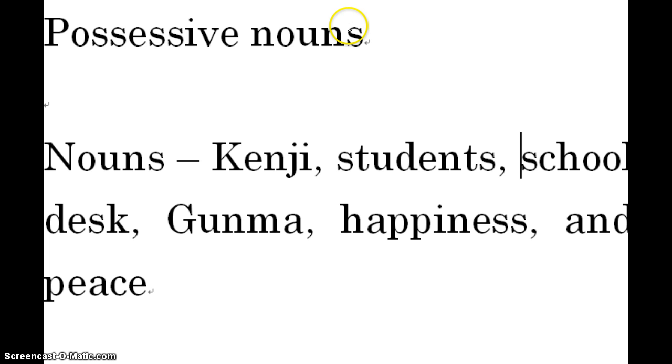Well, I'm going to go back to this word here. Possessive nouns are used to show that something belongs to a person, place, thing, or idea.